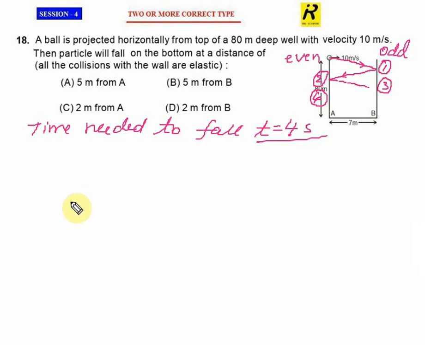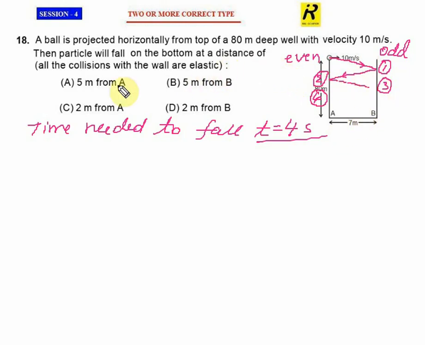Now what happens? The ball is not only moving forward, it is falling down also. On making repeated collisions, the ball is coming down. So what I have to do is make this much horizontal displacement, that means a 7-meter horizontal displacement.